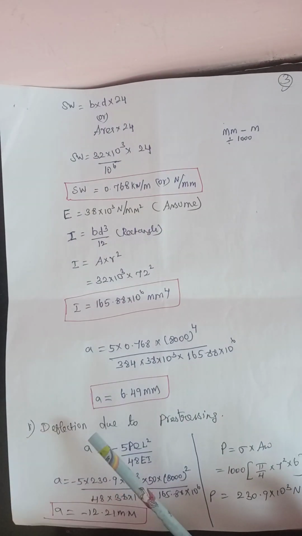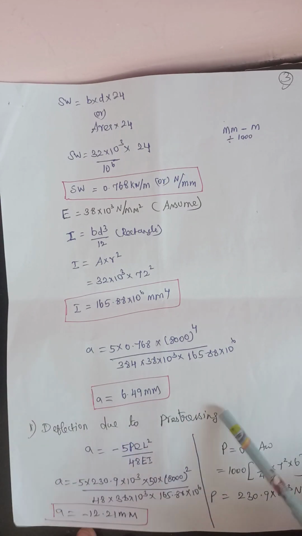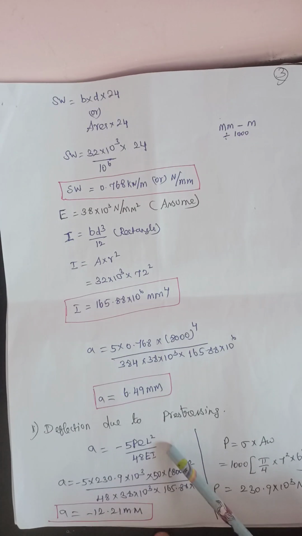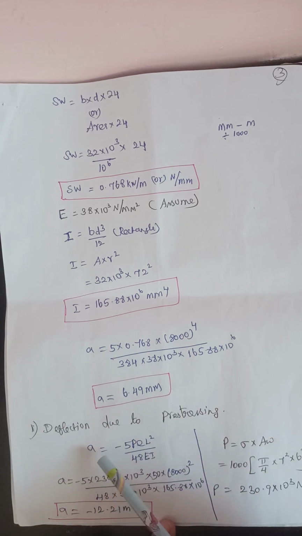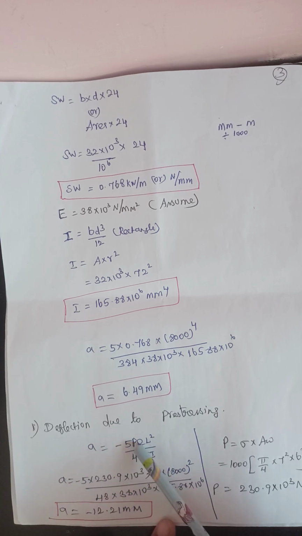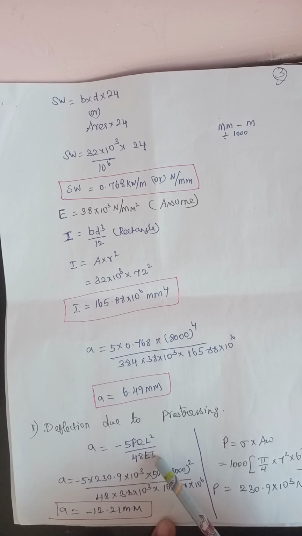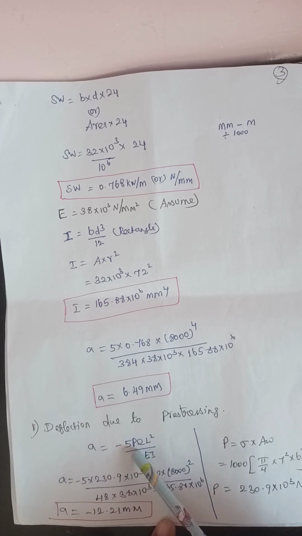Next we have to calculate deflection due to pre-stressing. As mentioned in the question, the tendon is pre-stressed in the form of parabolic. So the formula for parabolic tendon is delta is equal to minus 5 P e L square divided by 48 E I. P is the pre-stressing force. In the problem we didn't have any pre-stressing force value.